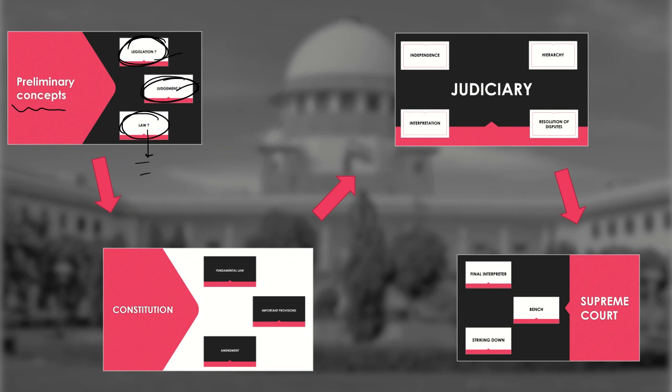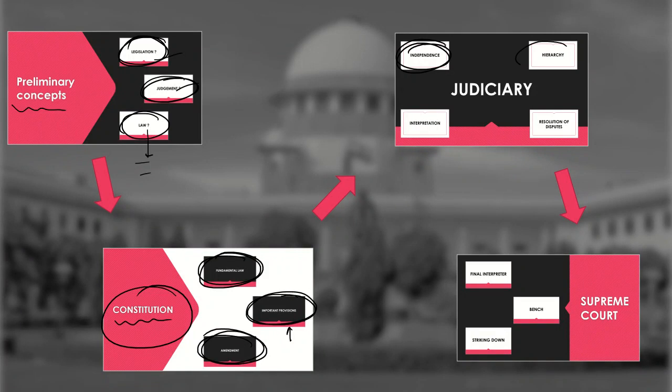Okay. Thereafter, we had a look at the Constitution. The Constitution is the fundamental law of the land. We saw some important provisions 14, 19, and 21, which I want you to go and check. We understood what an amendment is. Then we learned some concepts like the independence of the judiciary, hierarchy in the judiciary, the meaning of interpretation.